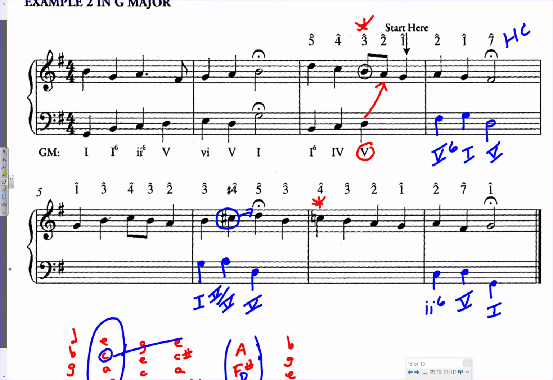Also, you can begin to see that I'm trying to use contrary motion as much as possible. My PAC has contrary motion in the last measure, and my 5 6 to the 1, the half cadence that we just did in measure 4, has contrary motion as well. So I'm trying my best to do that to avoid parallel motion.